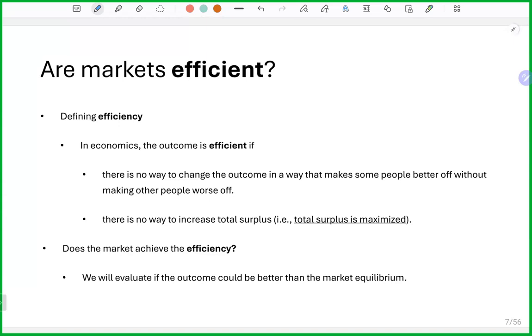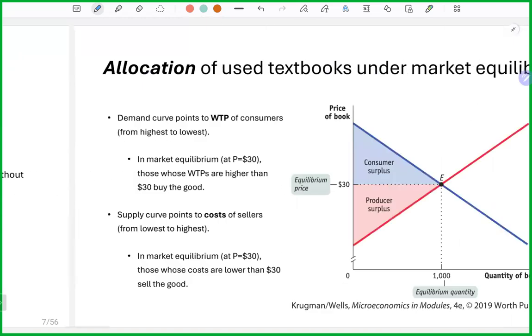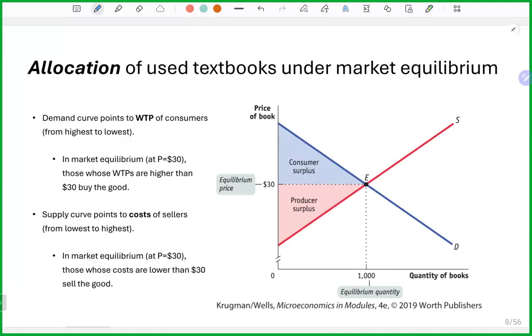If there is no way to further improve the welfare of society, then it is efficient. If you suggest one way, then it's not efficient. Let's see if there are ways to improve the consumers' or producers' welfare.